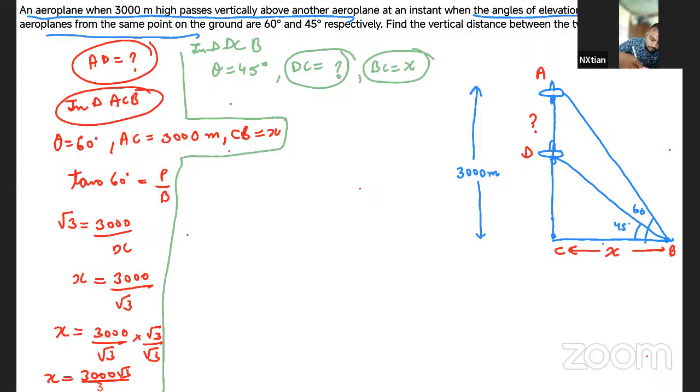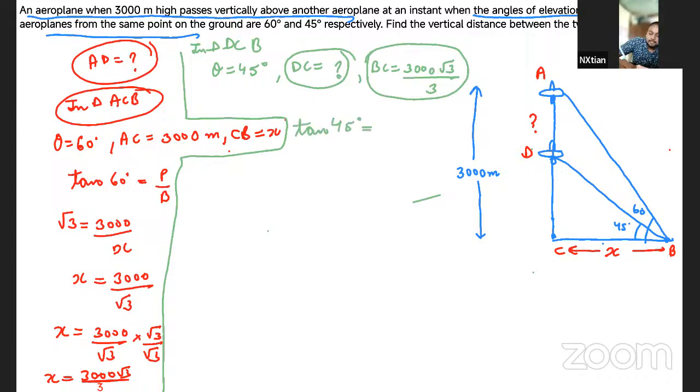See, I know X, which I got just now, which is 3000 root 3 divided by 3. So now I will use again tan 45 degrees because only perpendicular and base are needed. It's equal to perpendicular upon base.